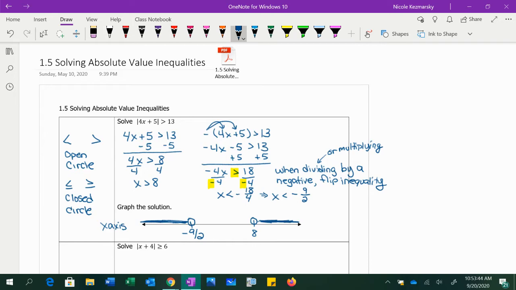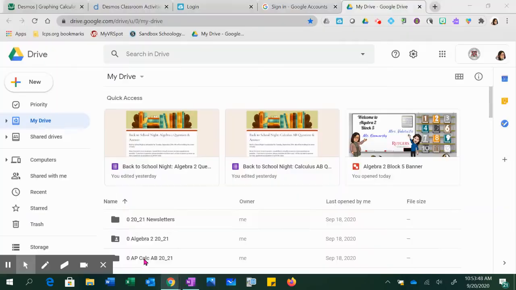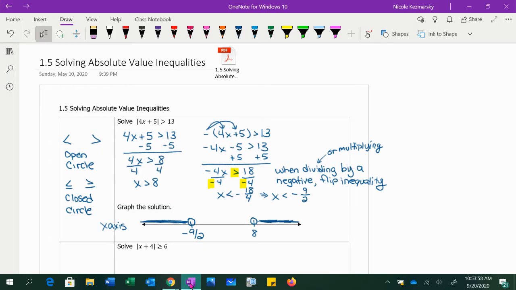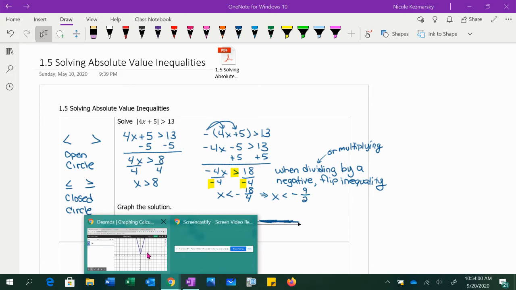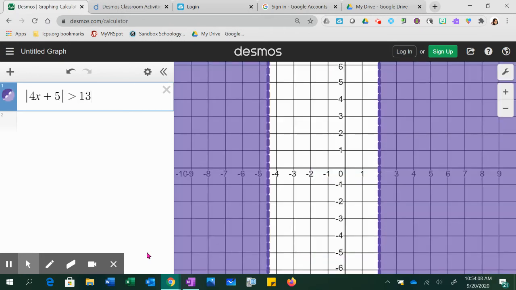So it's easy enough for me to hop over to Desmos and type this in. So let me go over to Desmos and type in absolute value of 4x plus 5 greater than 13.